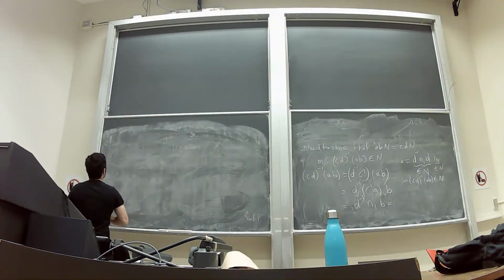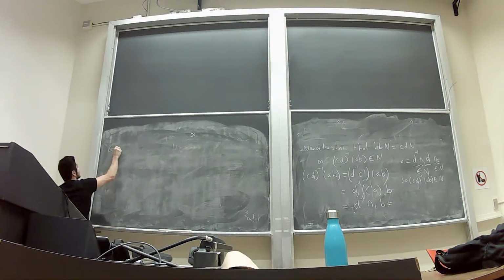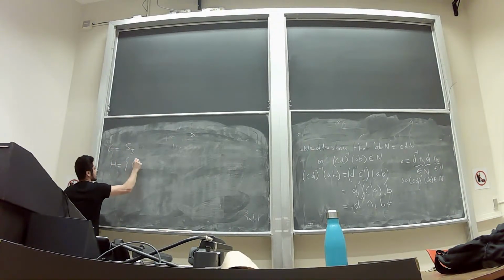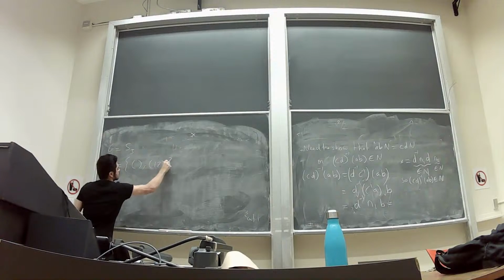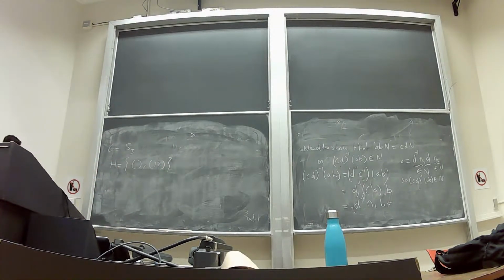Let's take our favorite non-abelian group, G equal to S3, and H equal to the subgroup generated by (1 2). So you have cosets H and (1 2) times (1 3) times H.